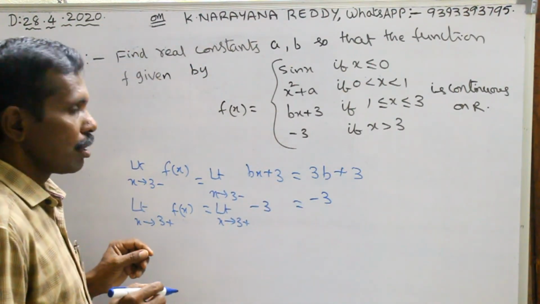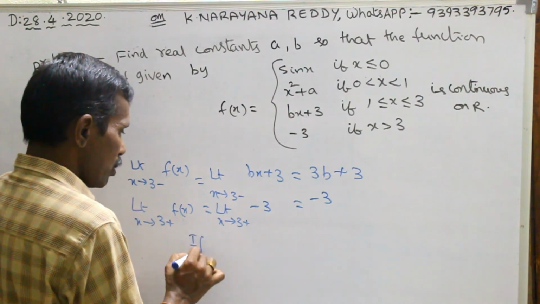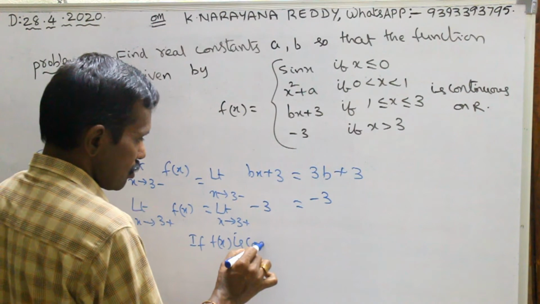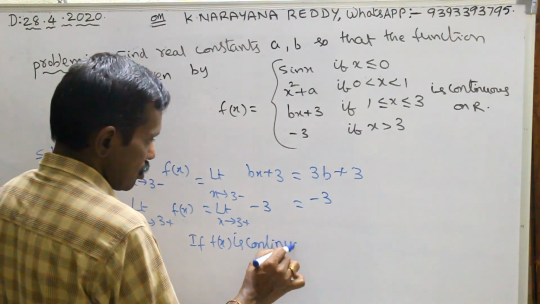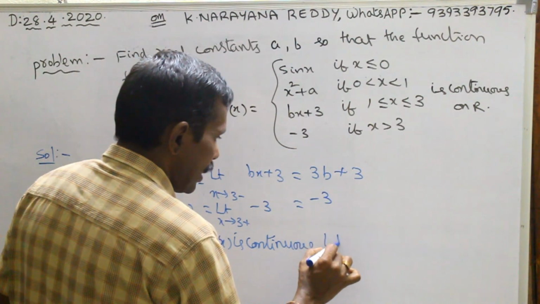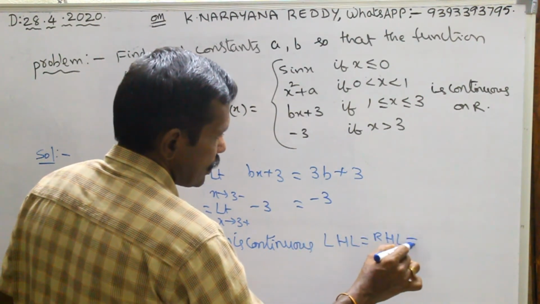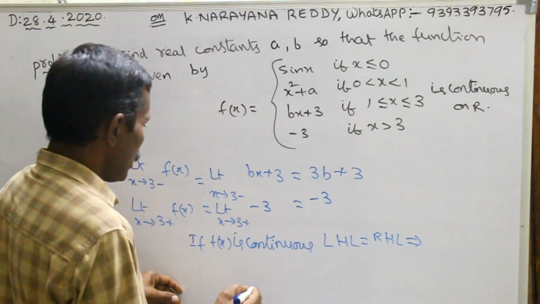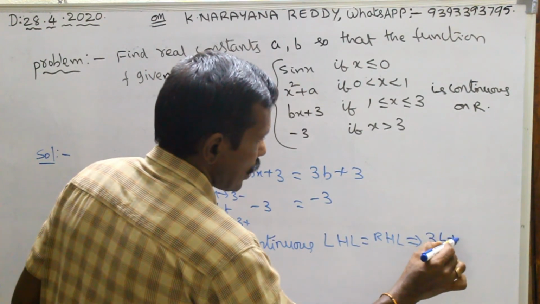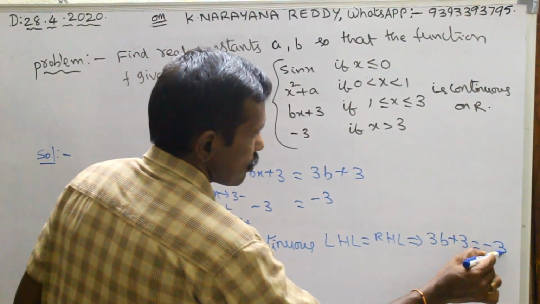Okay. Now, as a rule, if f of x is continuous, left hand limit equals right hand limit. That implies the left hand limit, this one, 3b plus 3 equals the right hand limit, minus 3.